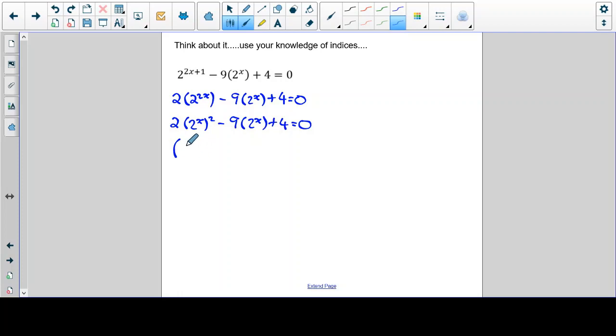So when we factorise, in one bracket we're going to have 2 lots of 2 to the power of x. I'll leave it as it is. And in the other bracket, we're just going to have a single 2 to the power of x. Then just figure out what has to go into the brackets. It would have to be a minus 1 and a minus 4 to give us our coefficients there.